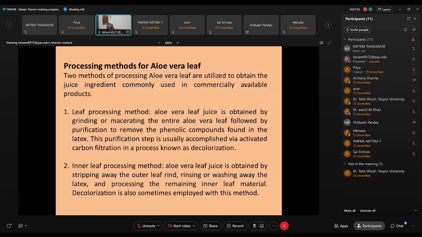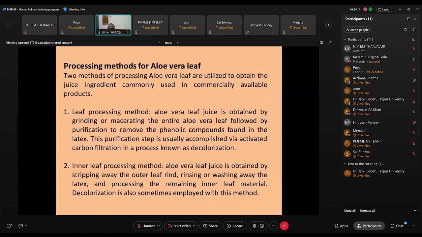So we do the bleaching normally in a natural way using activated carbon filtration, and this is a very normal process. Even in our RO system, the reverse osmosis water filtration system, this carbon filtration is used.